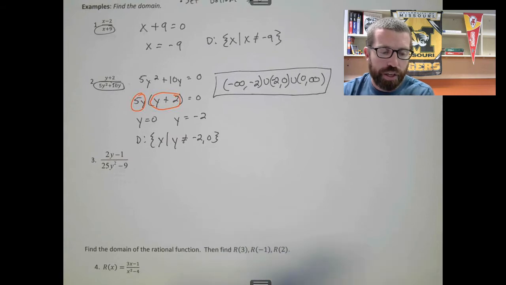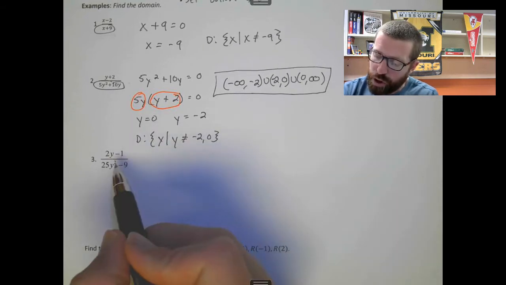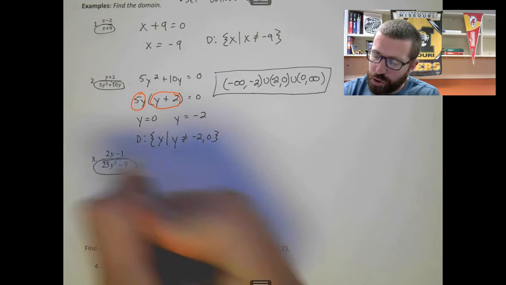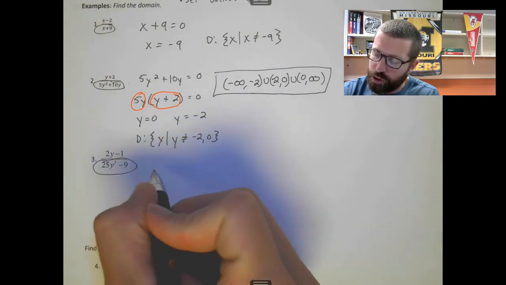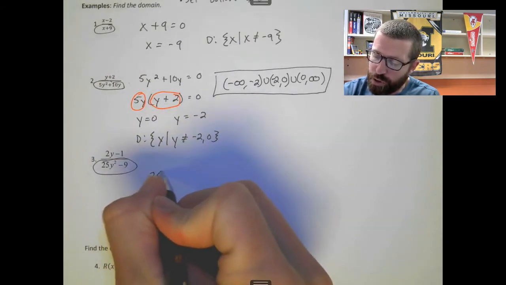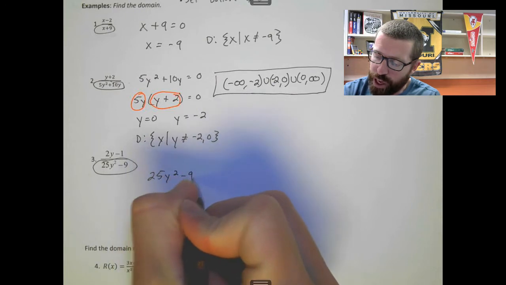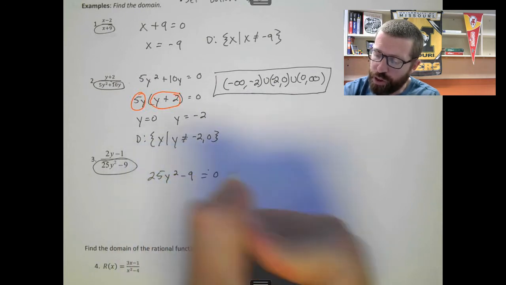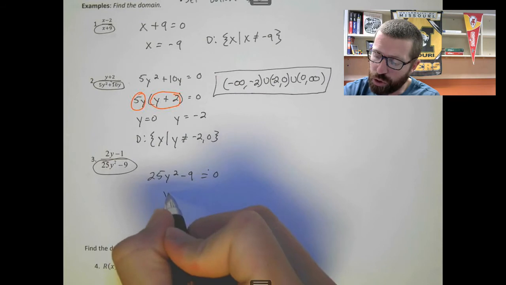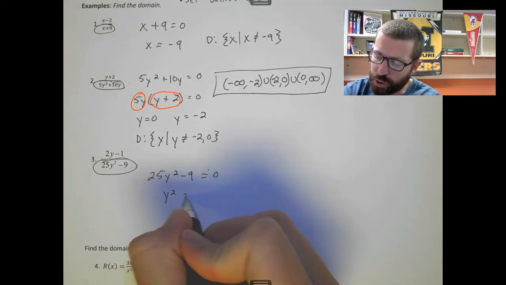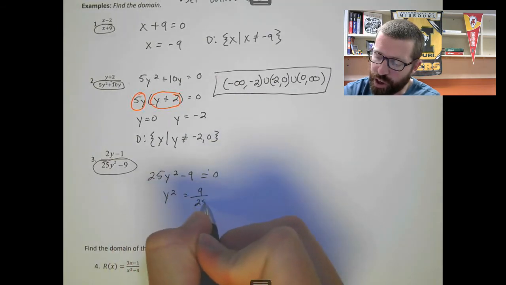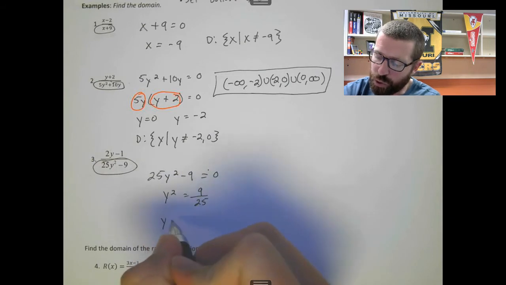Okay, and then number 3 is setting the bottom equal to 0 to find the domain. So we have 25y squared minus 9 is equal to 0. And this can be solved using square roots. So let's just get y squared by itself. We're going to add 9 and divide by 25. And then take the square root of both sides.